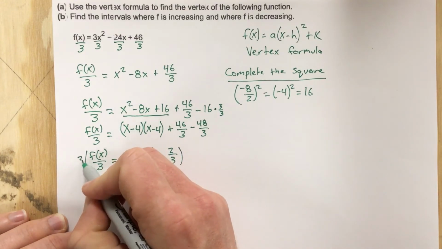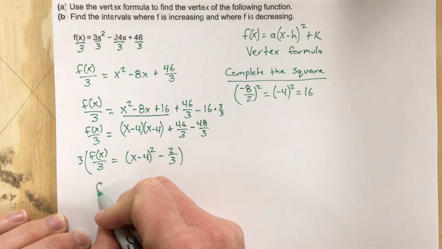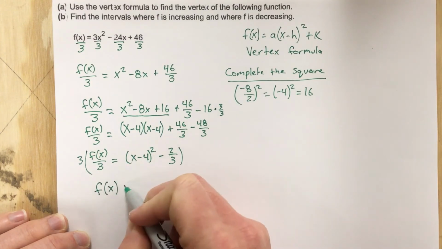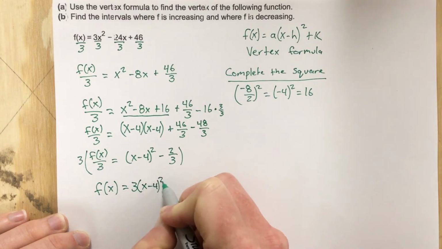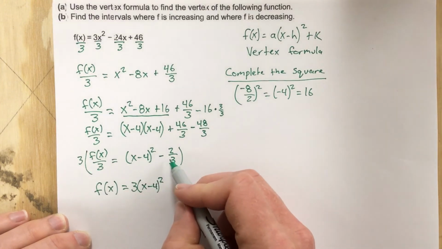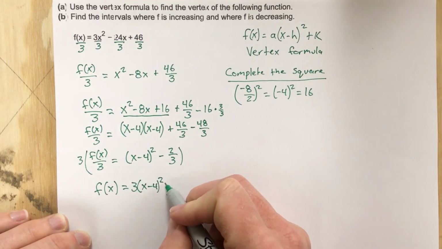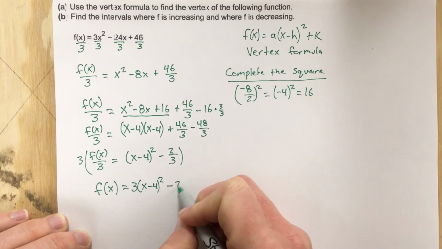So I multiply by 3, and it cancels here. 3 goes to the front of the x minus 4 squared and is now the leading coefficient again. And then when I take 3 times the negative 2/3, this is the thing that most people forget, that gives you negative 6 over 3, which would be negative 2. I just cancel the denominator.